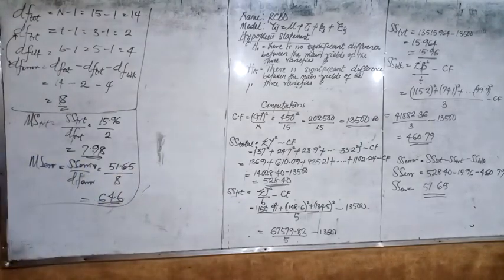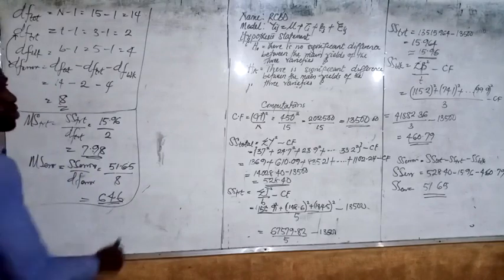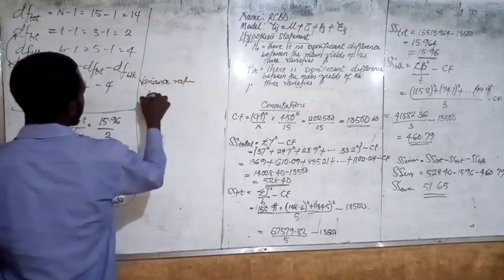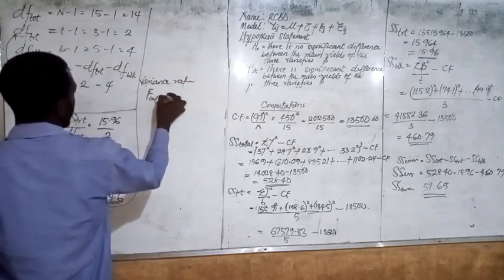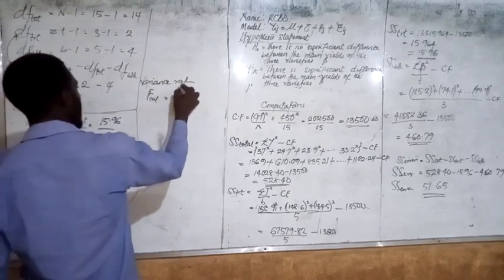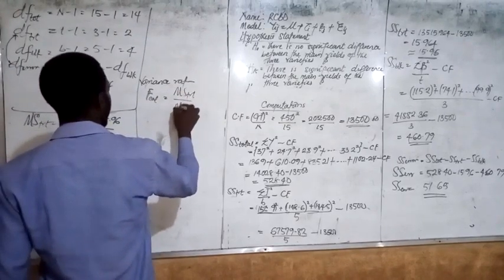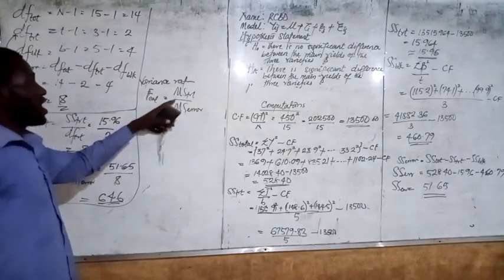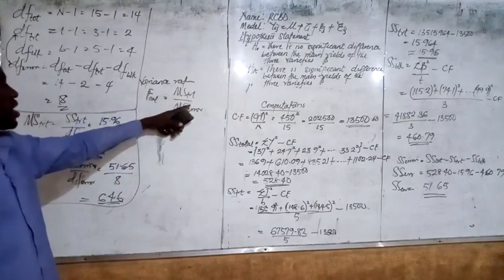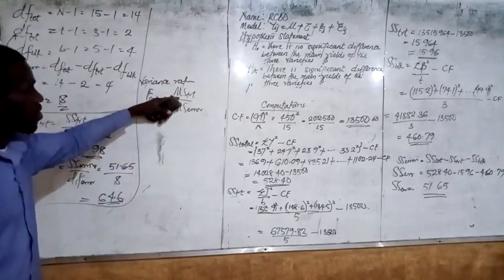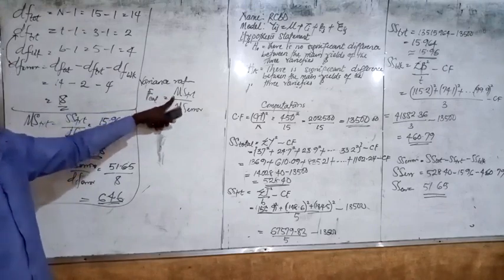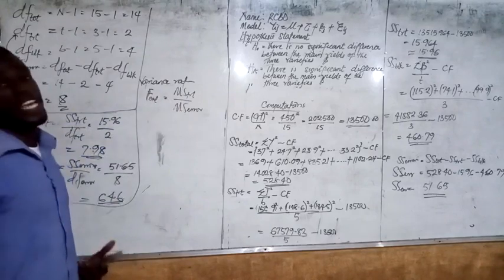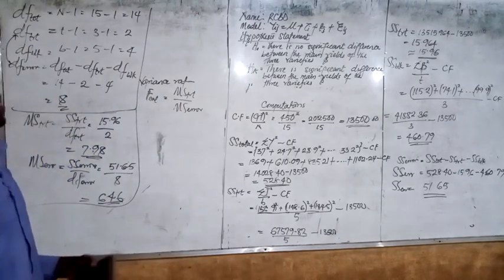So let's do our variance ratio, which is the F calculated. It is going to be the MS treatment over MS error. Remember, what we are trying to see is if the ratio is not significant, then it means that our treatment does not have any effect.